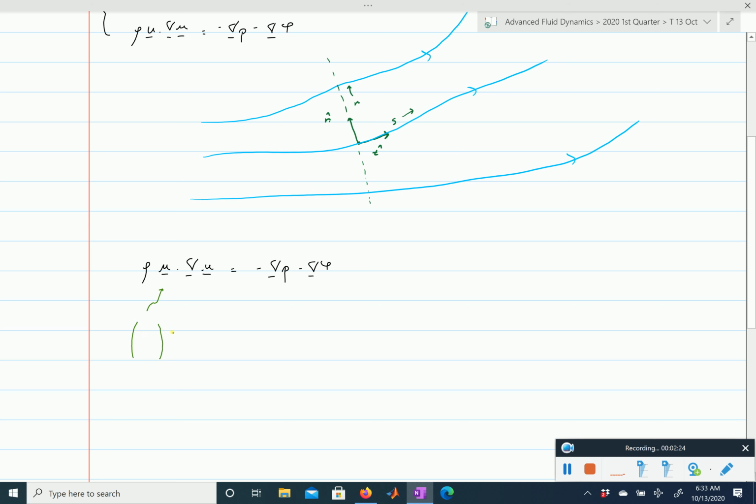Your velocity u, the first component is the component in the s direction, and the second component is the component in the n direction. The first component is really u, a function of s and n, but if I'm just following this streamline, the velocity is a function of s, and there is no velocity in the n direction because we are in streamline coordinates.